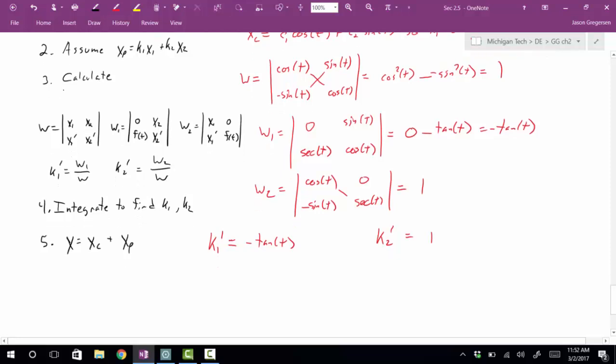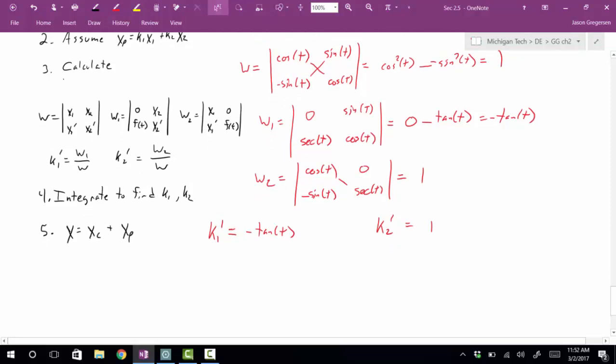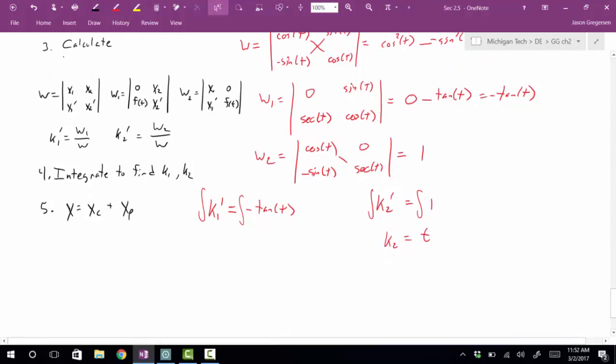But now I need to find K1 and K2. What do I do? I integrate both sides here. I will do K2. All right, what's K1? K1 I'll just give you here because we're running short of time. You would do it with a u substitution though, right?